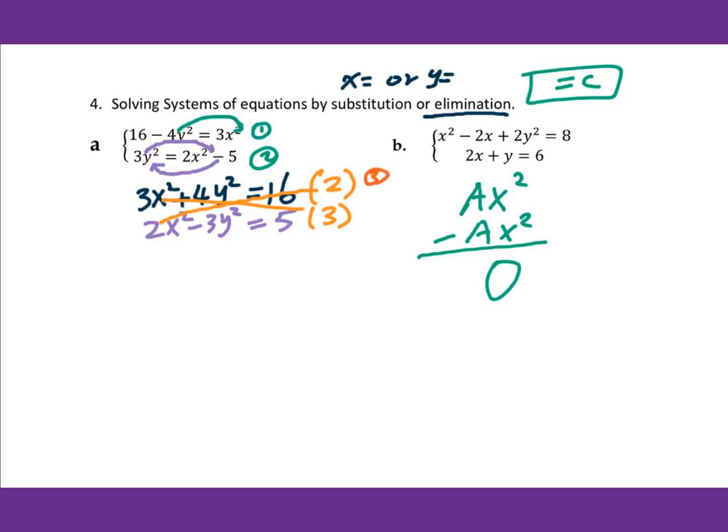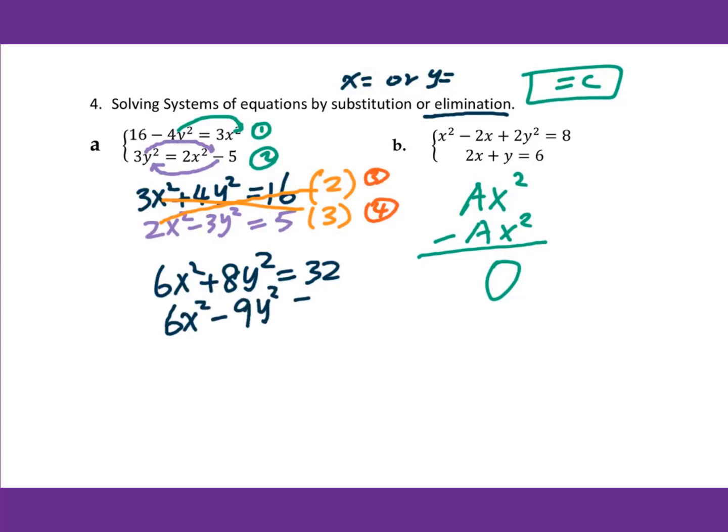Let's label this the third and this the fourth equation. You will get 6x squared plus 8y squared equals 32. For number 4, everything multiplied by 3, so 6x squared minus 9y squared equals 15. Let's label this 5 and this 6.